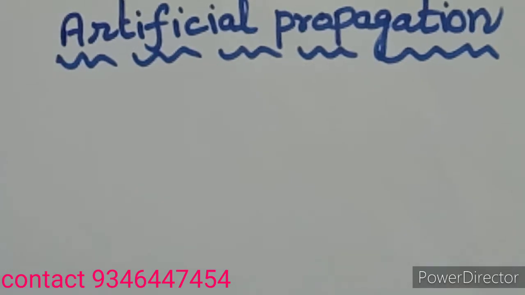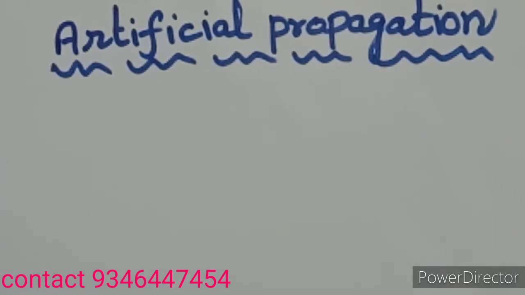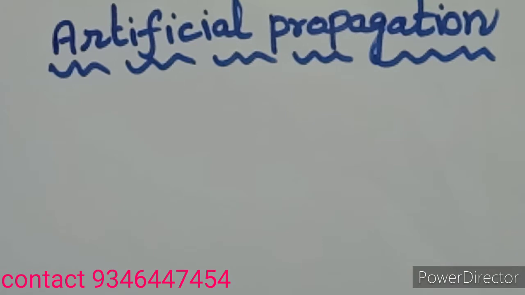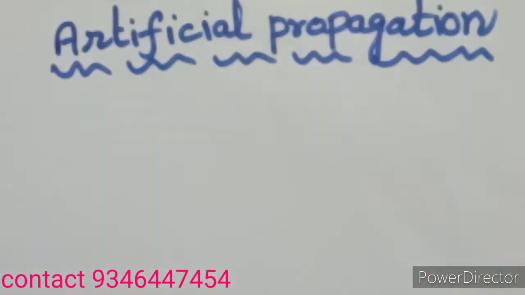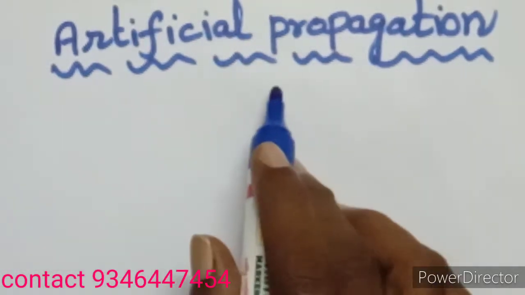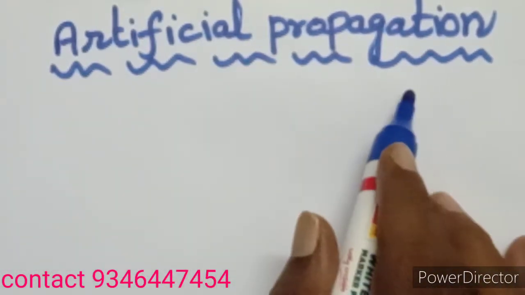In the previous part, I explained how natural propagation happens in plants. Now, in vegetative propagation, the second type is called artificial vegetative propagation. Now we discuss this artificial vegetative propagation.